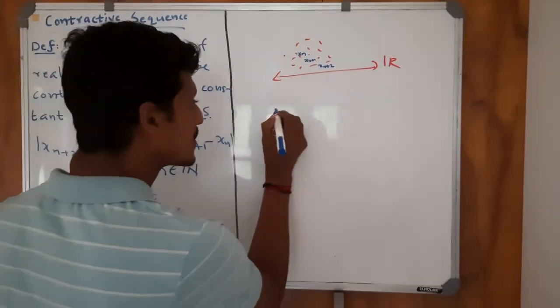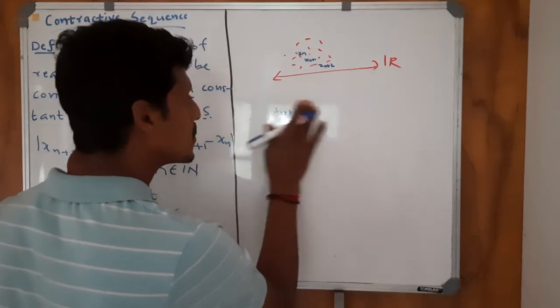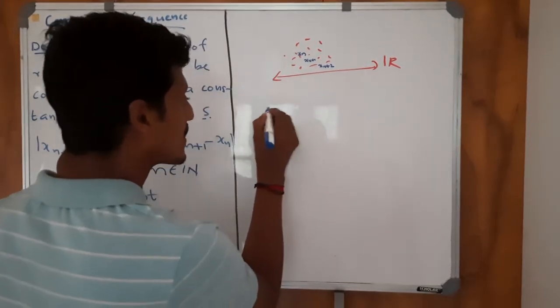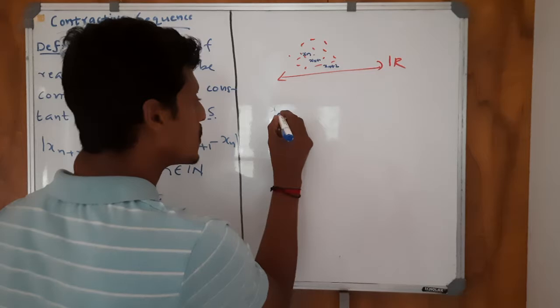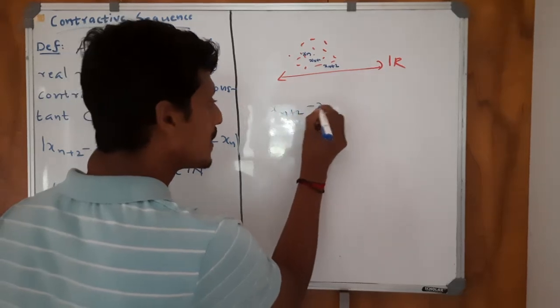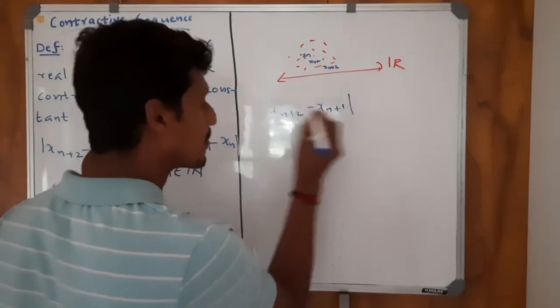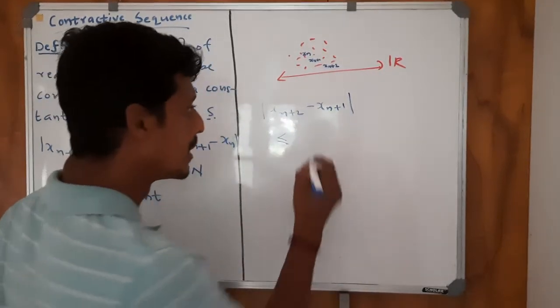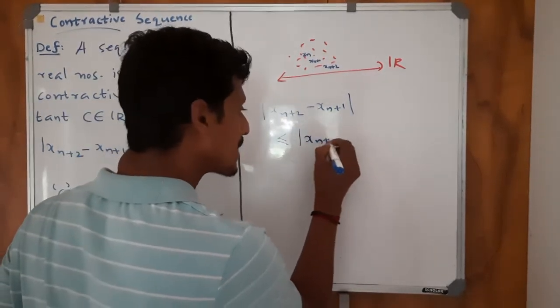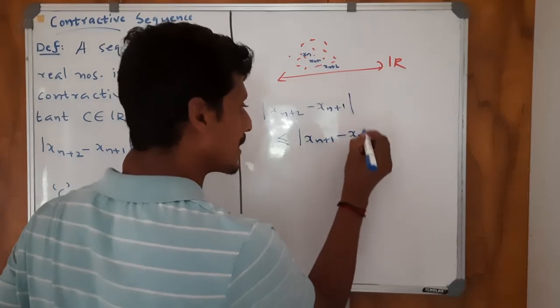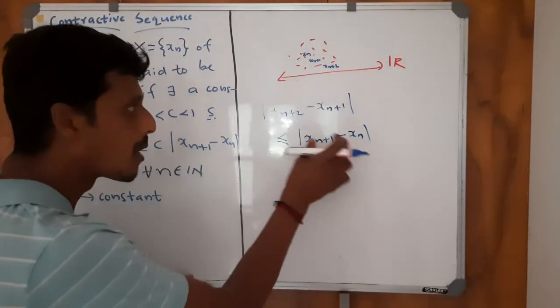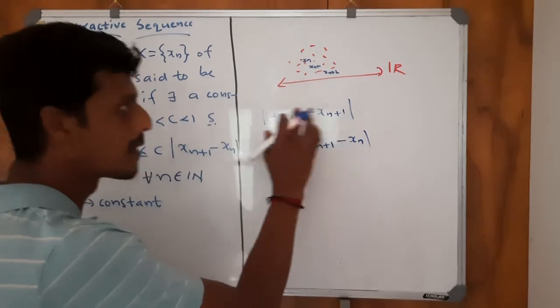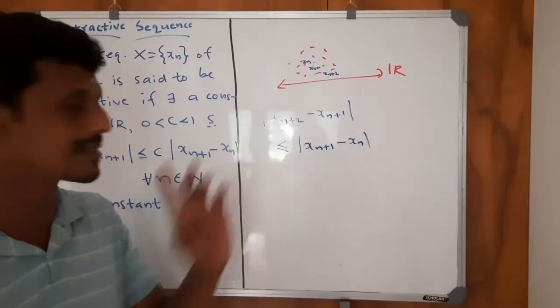Then the distance between xn+2 and xn+1 is always less than or equal to the distance between xn+1 and xn. This is true for all n. All the terms of the sequence satisfy this inequality.